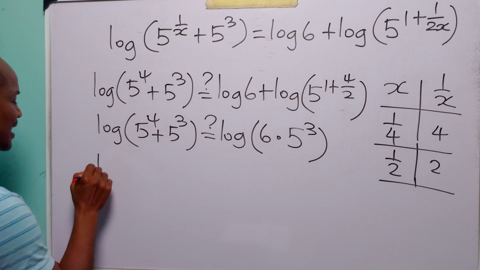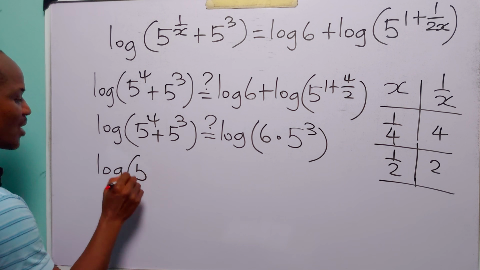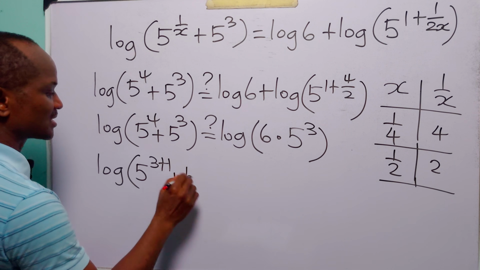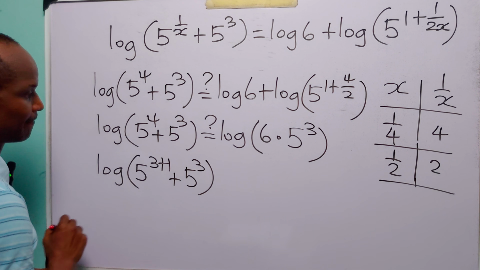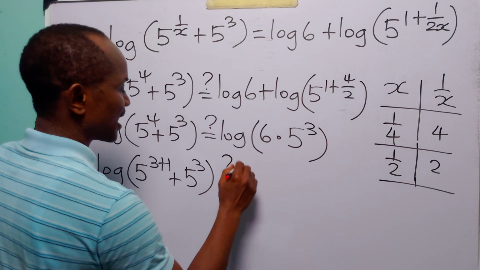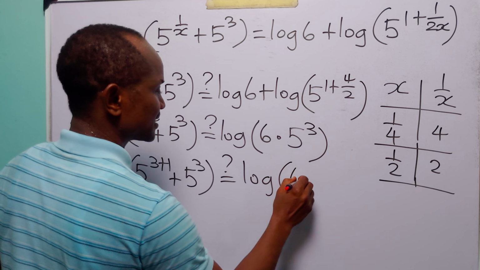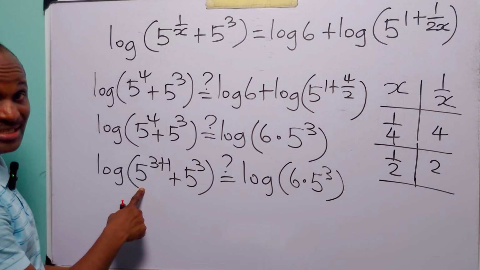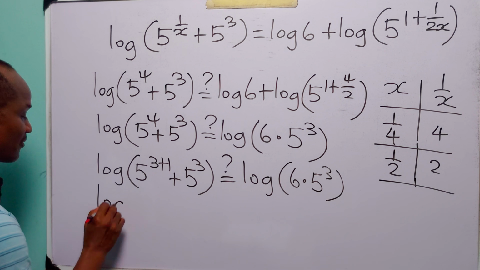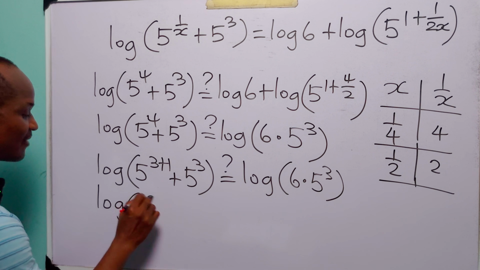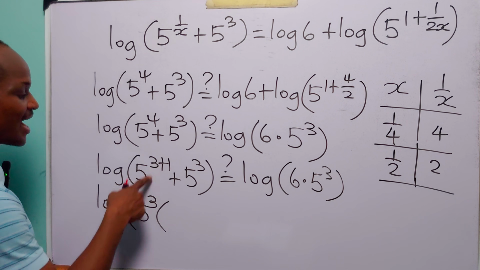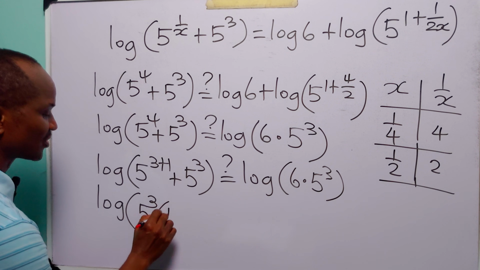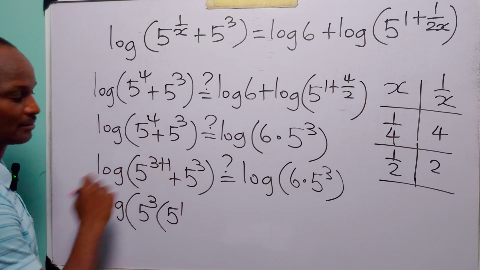Now here, notice that we can write 5 to the power 4 as 5 to the power 3 plus 1. Then we have plus 5 to the power 3. Here we still have log 6 times 5 to the power 3. We can factorize this. When we do that, we have log of 5 to the power 3. Now, 5 to the power 3 plus 1 divided by 5 to the power 3 is going to give us 5 to the power 1.